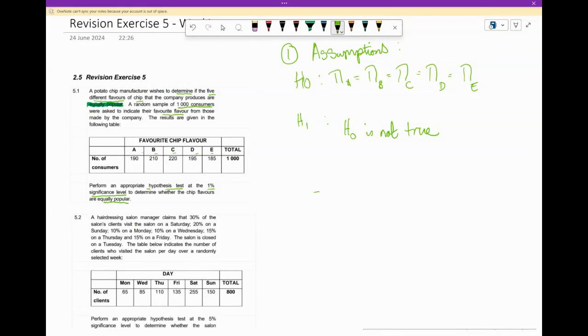That's another way that you can pitch it. But at the end of the day, we are saying we've got the same popularity across the different flavors.